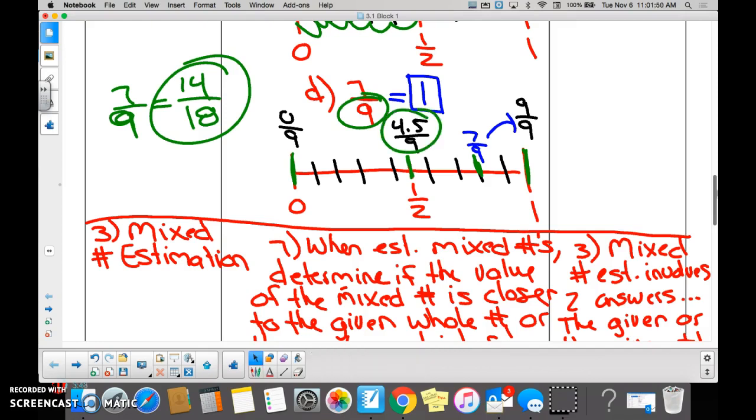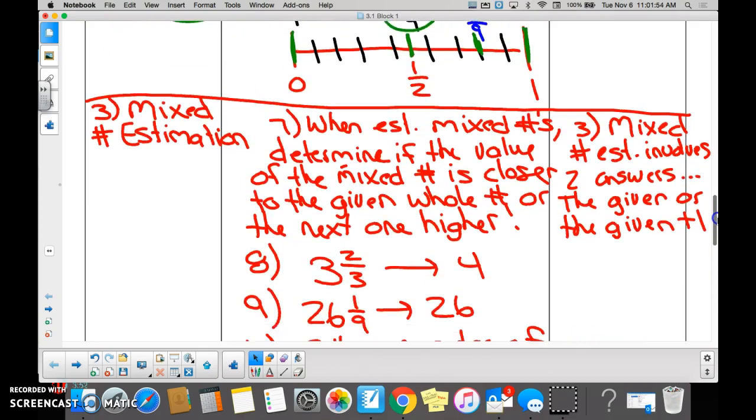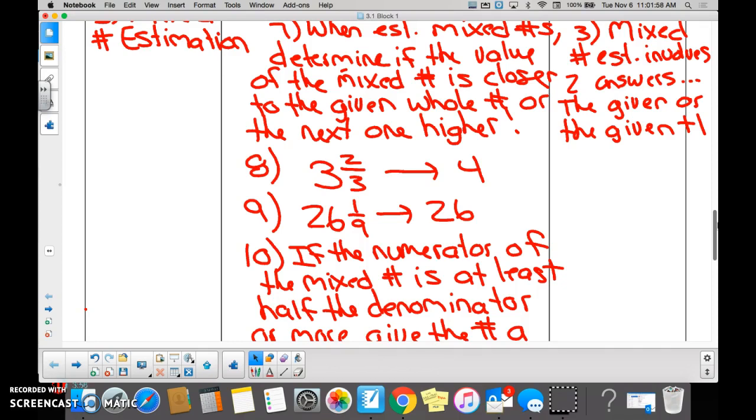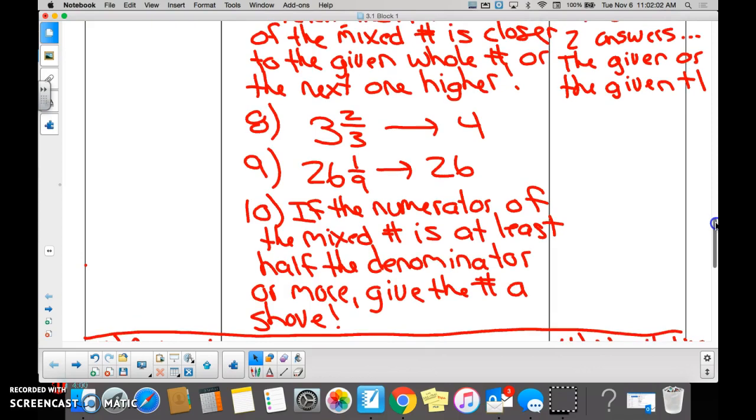Mixed number estimation, there are 2 answers. What are the 2 possible answers with mixed number estimation? Sedona? The given number or the number above it. So for 3 2/3, we said that the estimate is 4.